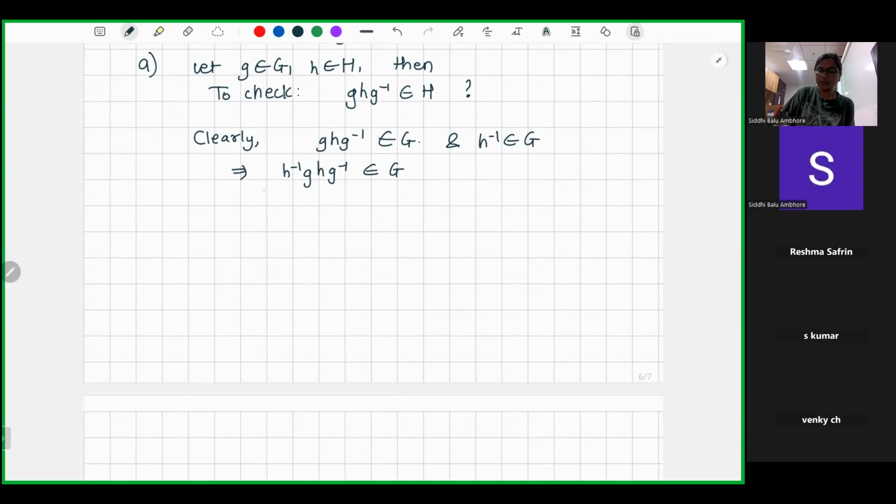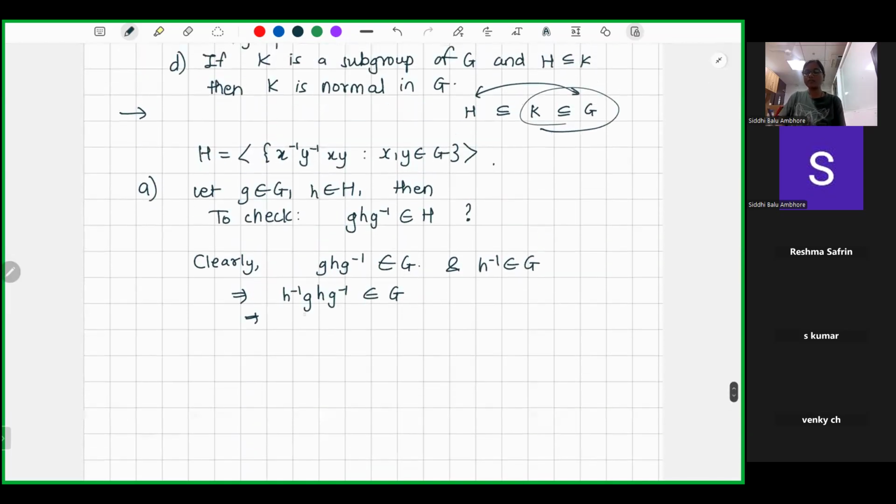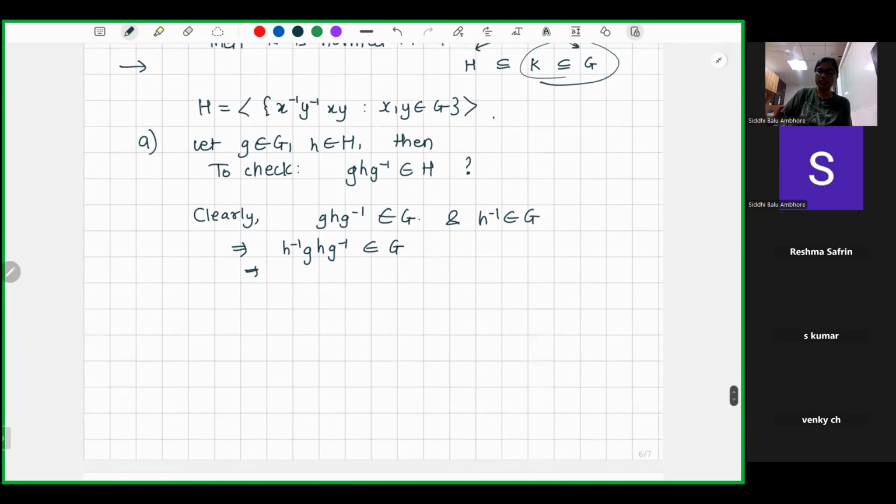But the moment I have an element of this form, where g, h are everything in my group G, this implies this h inverse, let me write this properly. h inverse g h g inverse belongs to H, right? Because this g here is g inverse inverse.